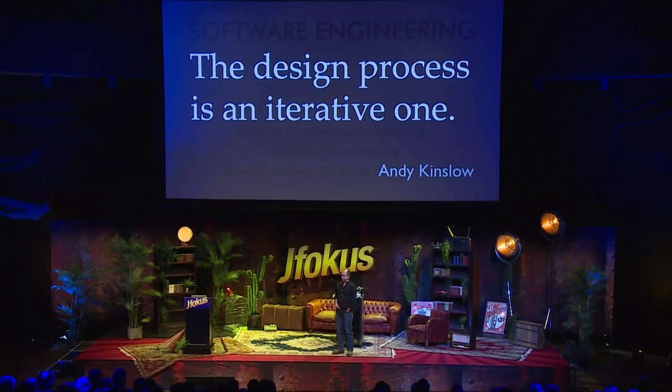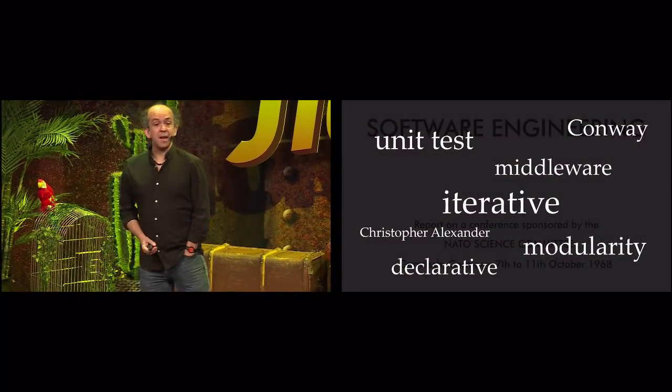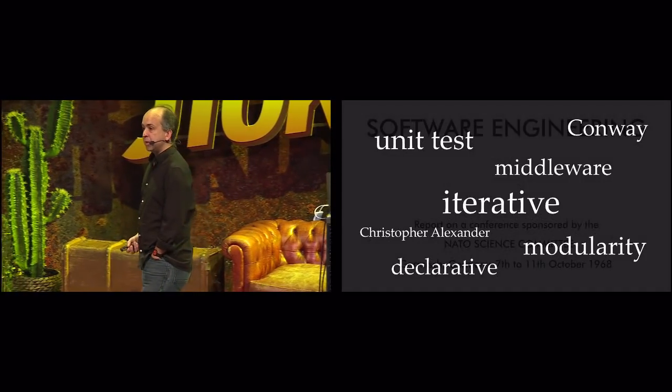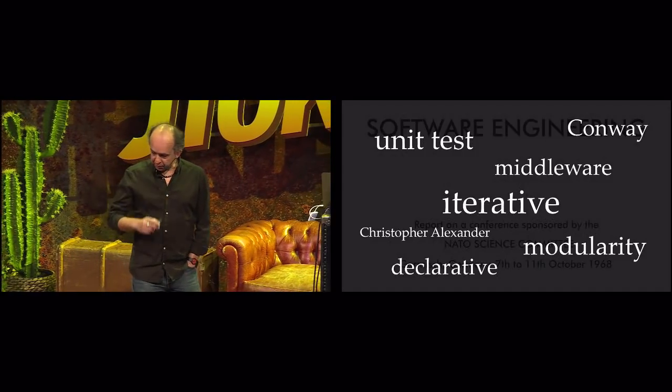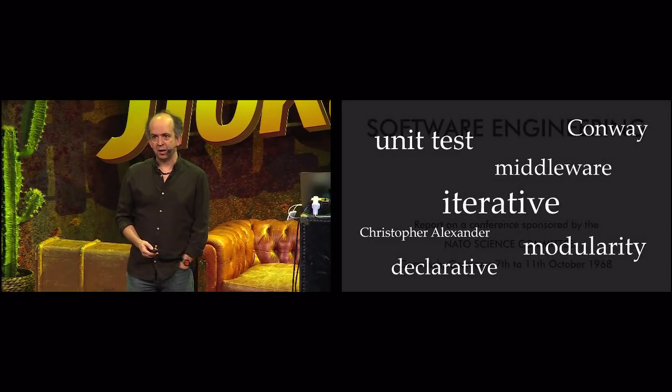In fact, the word iterative occurs quite a lot, as indeed the words unit test, modularity, middleware. Conway's law gets referenced, as does Christopher Alexander, the inventor of patterns, and the use of the word declarative. So, yeah, we've done really well in the last 50 years, inventing all kinds of stuff.